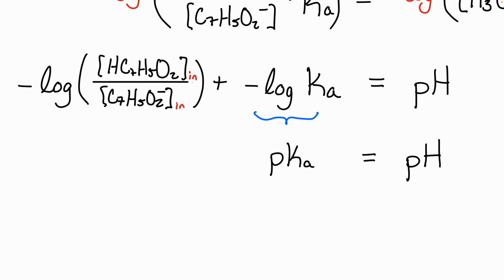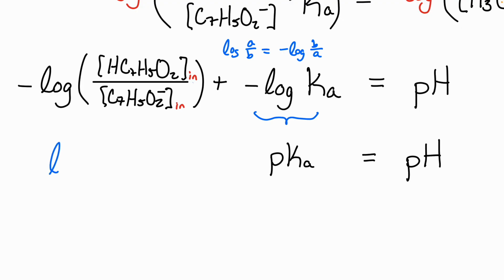All right, and we're going to use one more fancy log identity here that says that the log of A divided by B is the same thing as the negative log of B over A. So if we flip these two, we get to drop that negative sign.